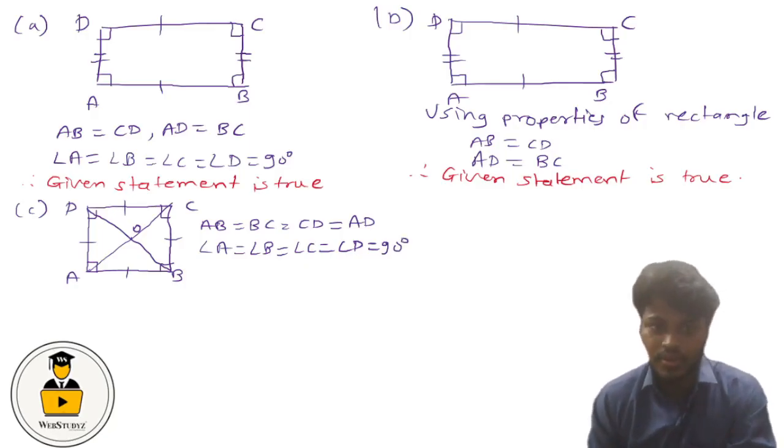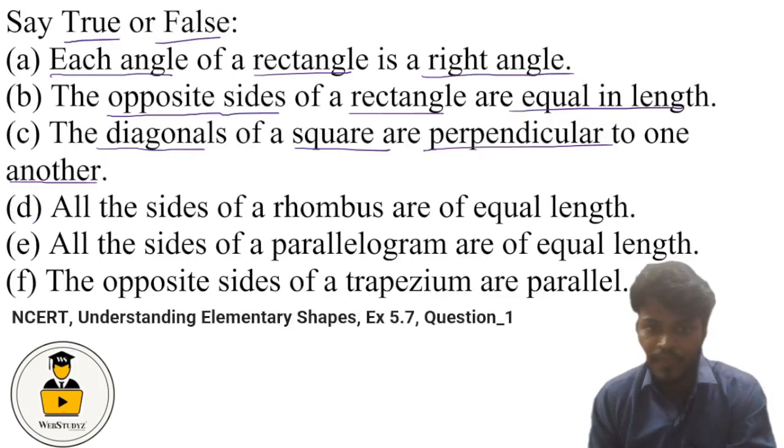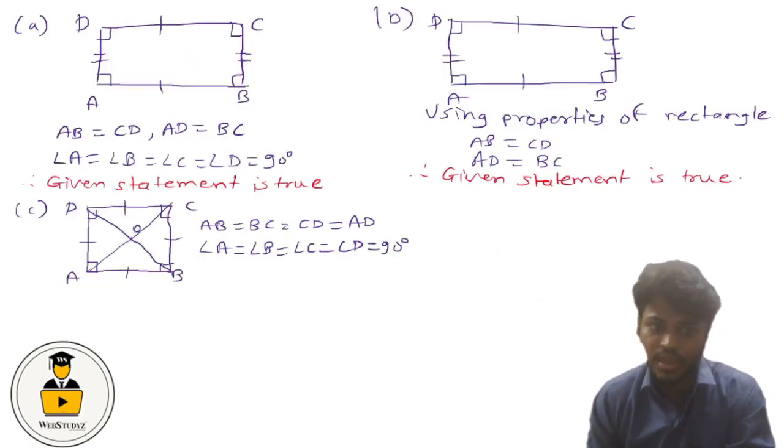And since we have considered point O, we can see that the diagonals intersect each other, and we can say that the distance AO is equal to OC. Similarly, DO is equal to OB.